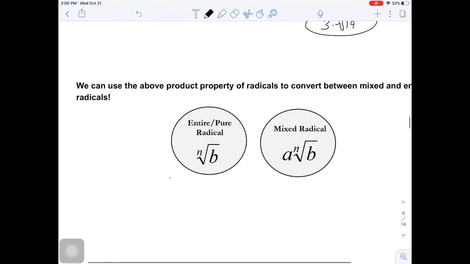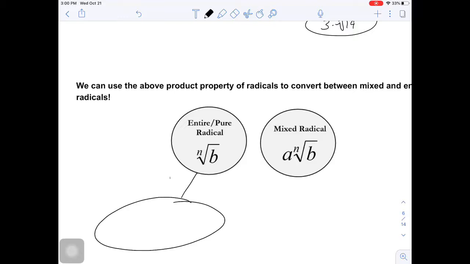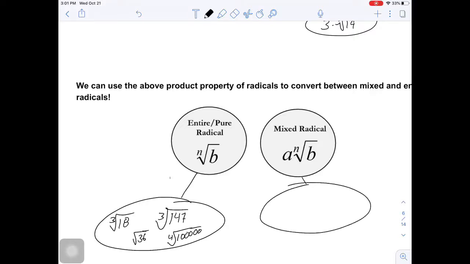Here are a bunch of examples: cube root 18, cube root 147, square root 36, so on and so forth, fourth root 100,000.